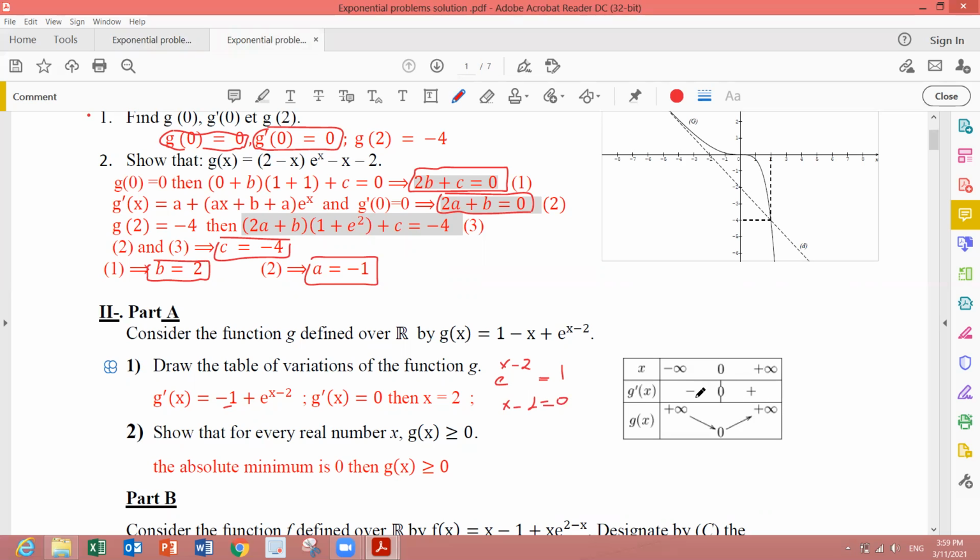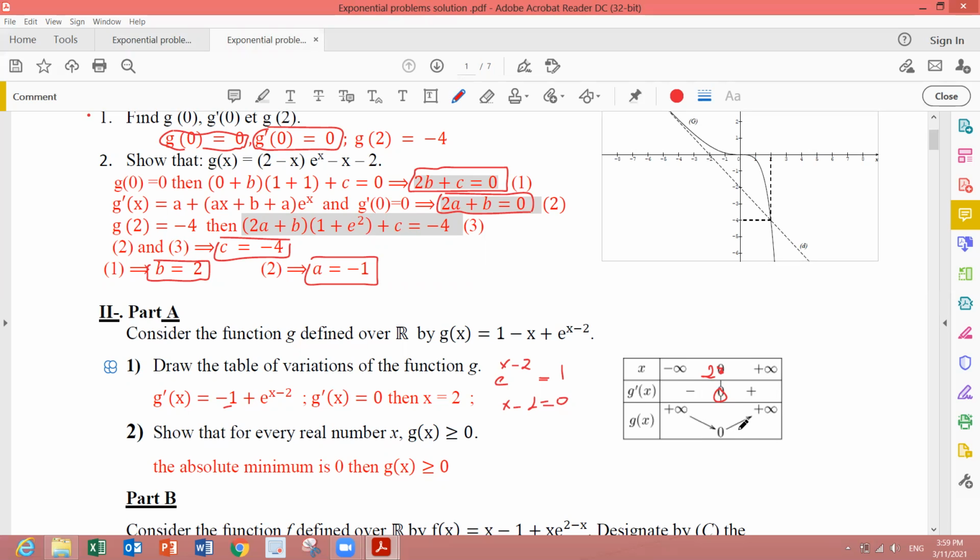Table of variations. This is not 0, this will be 2. x, g prime of x, g of x, from minus infinity to plus infinity. At 2, the derivative is 0. If we take a value less than 2, like 0, and replace it in the derivative, we get minus 1 plus e to the minus 2, which is negative, and the other one will be positive.